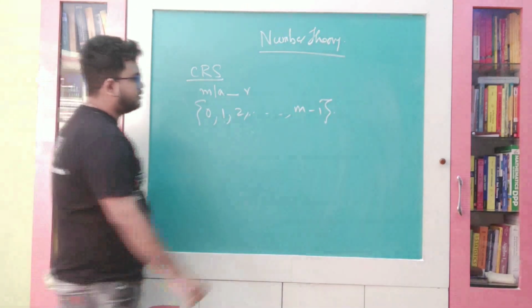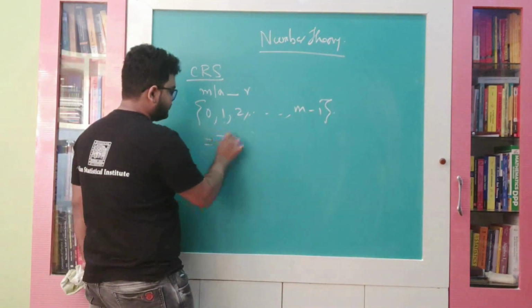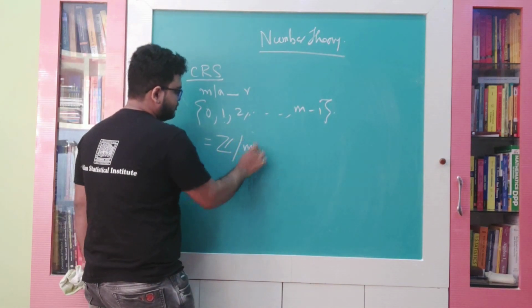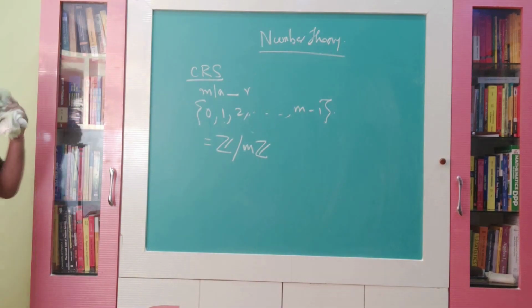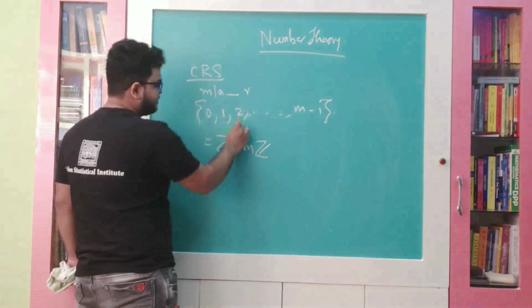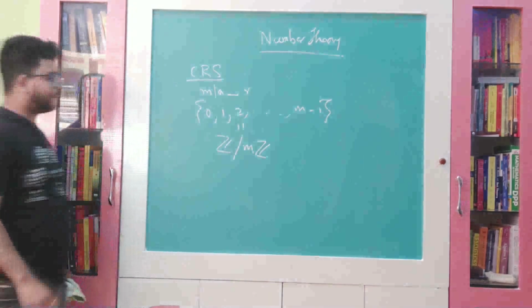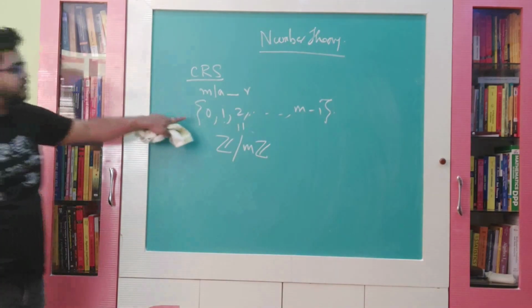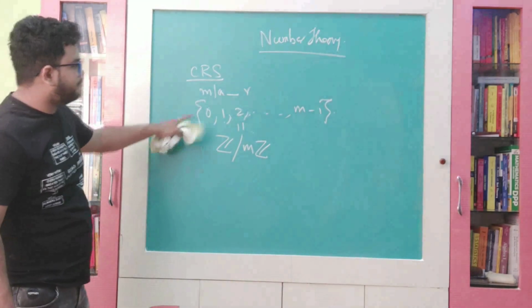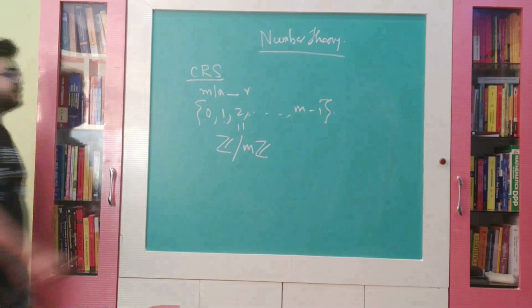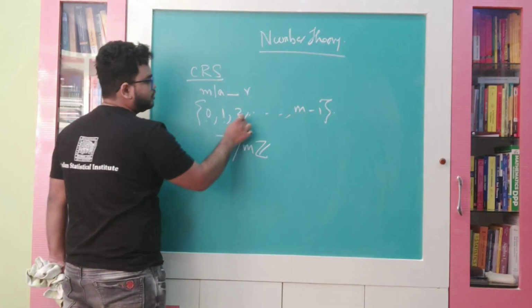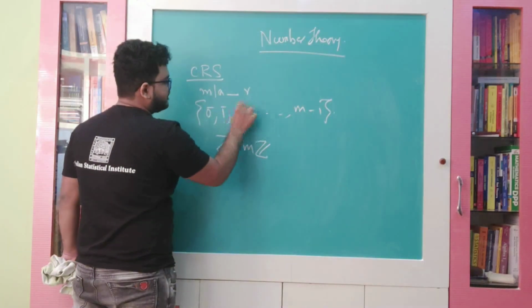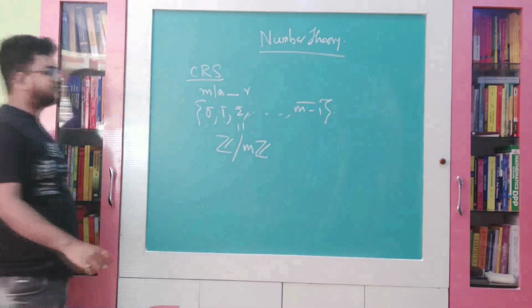This set is also denoted by the integers modulo M, Z_M. This is called the complete residue system modulo M, where R is the remainder. So these are the integer classes modulo M.